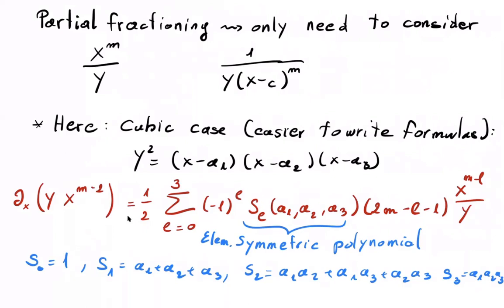So if you take y times a power of x and you differentiate it, you get a sum of four terms, to be precise. They're all of the type power of x divided by y times something, which is a complicated expression, but is essentially a constant in x.